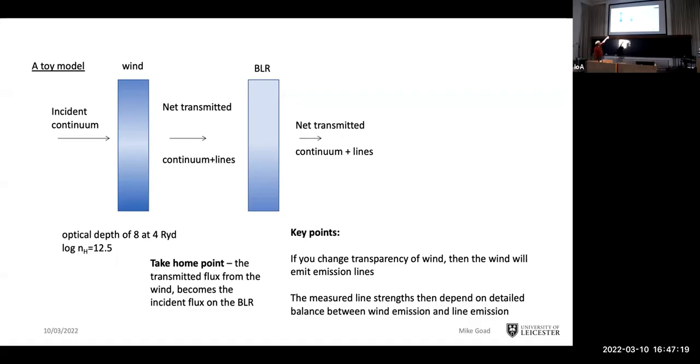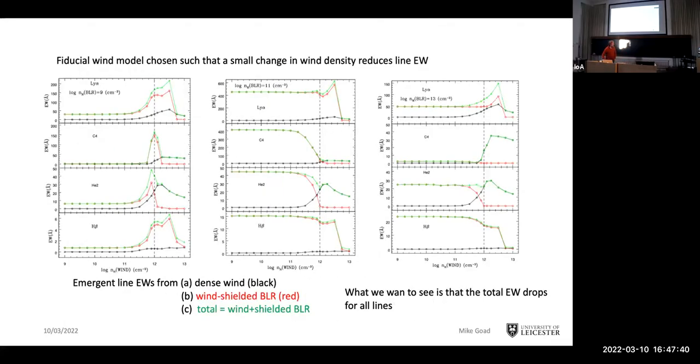Then we have the net transmitted continuum, possibly lines as well, and that's the continuum which is incident on the BLR behind it. And then we have that producing also lines and continuum. And what I need to do is figure out the contributions from both to the line emission. And so that's what we tried to do.